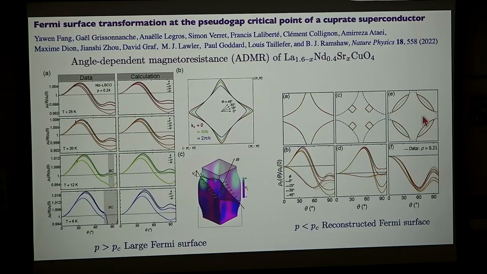Now the thing about this is they've got this arc that you see in photo emission, but they've also got a backside. Here the idea is that when you're doing magnetotransport, the quasi-particle Z doesn't come in. It's irrelevant. You just have your quasi-particle moving in the magnetic field, and whether it's an electron or a dressed electron doesn't make any difference.